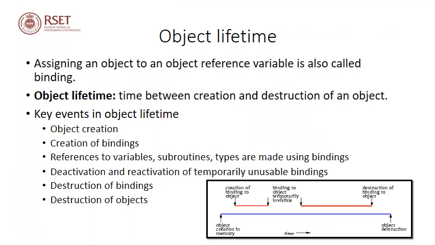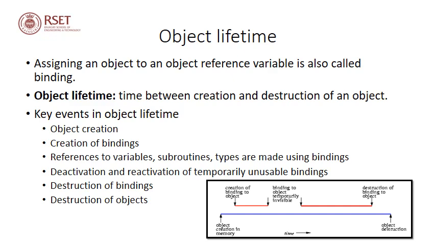Thus, as we have seen, assigning an object to an object reference variable is also called binding. Object lifetime is the time between creation and destruction of an object. The key events in object lifetime can be summed up as object creation, creation of bindings, and references to variables, subroutines, types are made using the bindings.